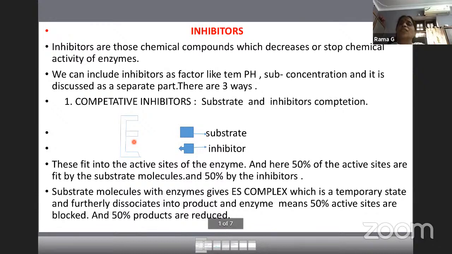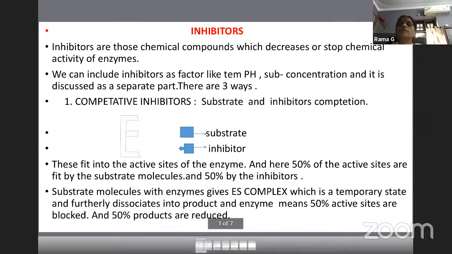But here, the active sites of the enzymes are occupied by two types of molecules. One is the substrate molecule, the other one is the inhibitor. Substrate molecules occupy 50% of the active sites of the enzyme, and inhibitors too occupy 50% of the active sites of the enzyme. As a result of this type of occupation, 50% of the production rate will be decreased or reduced.